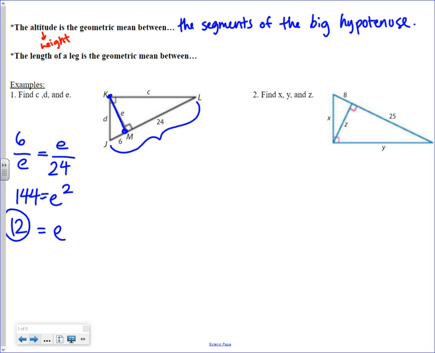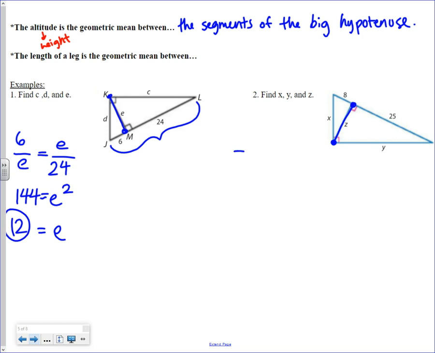What is the altitude or the height of this big triangle? Z. Would you agree if this thing was laying flat on that side, Z would be from the tip top all the way down to the base? Yes?